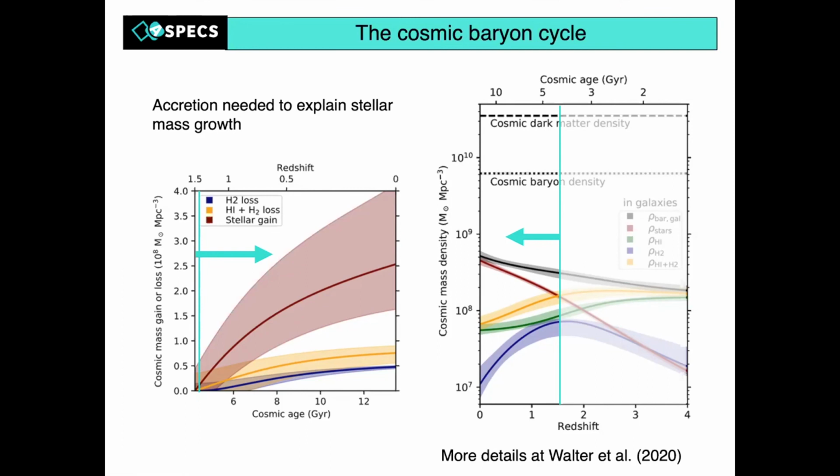So there is something from which stars are growing that is not necessarily coming from the content of galaxies themselves. So the thing that is needed here to explain the stellar mass growth is accretion. And this is probably one of the first constraints on this, based on observations alone, putting all the pieces together.